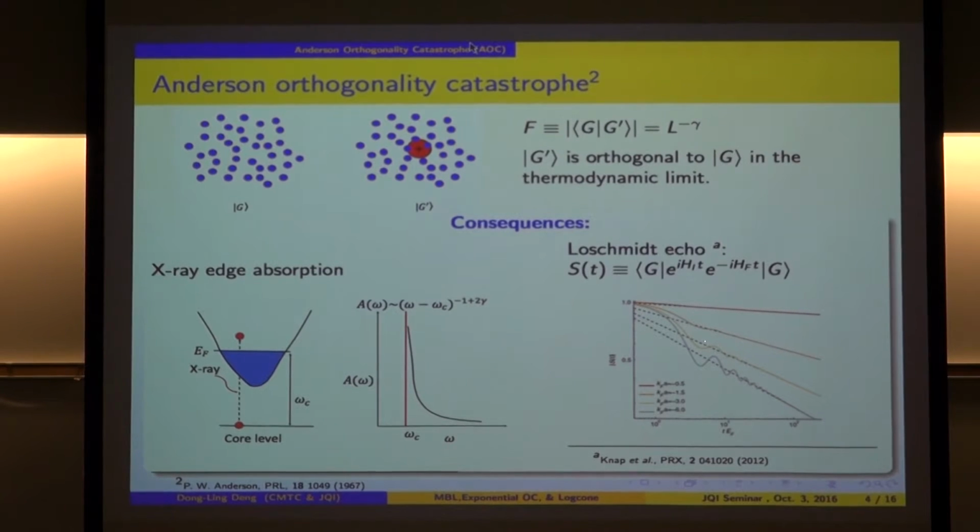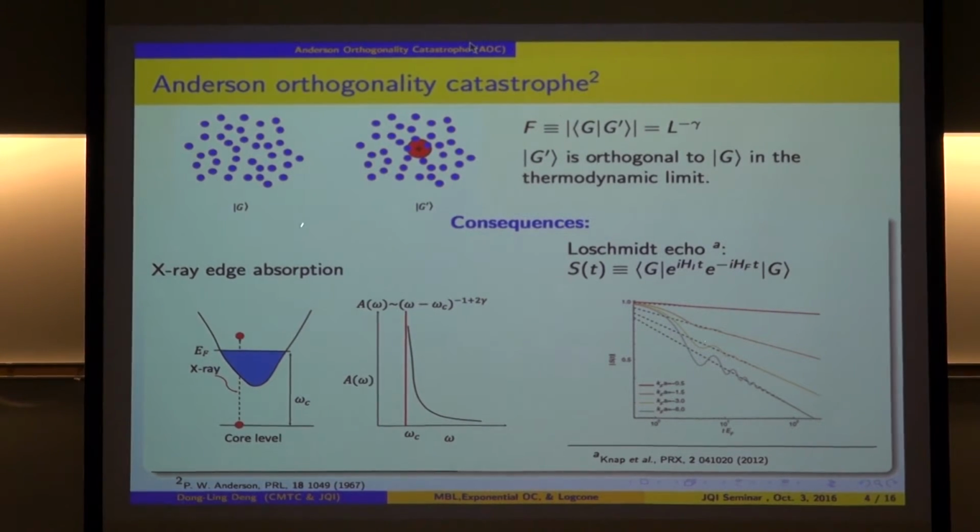As you can see, in the thermodynamic limit, this exponent goes to infinity, so the wave function overlap will go to 0. That means the new ground state is orthogonal to the original one. That is the well-known Anderson orthogonality catastrophe. The Anderson orthogonality catastrophe has many important consequences.